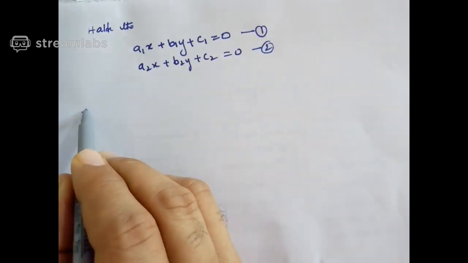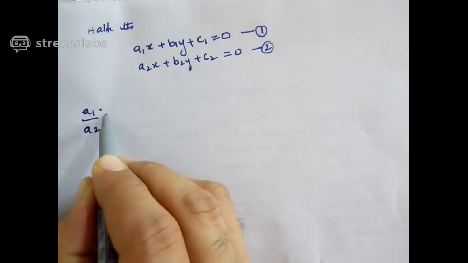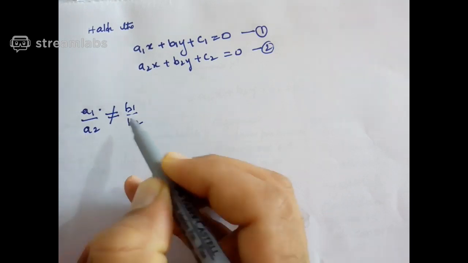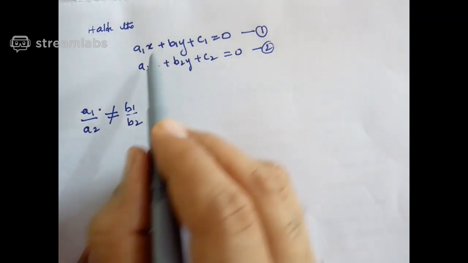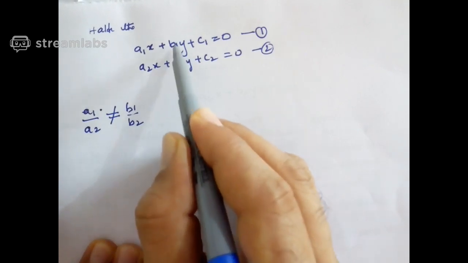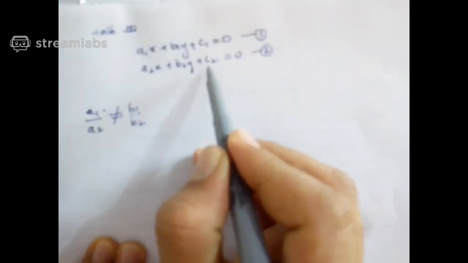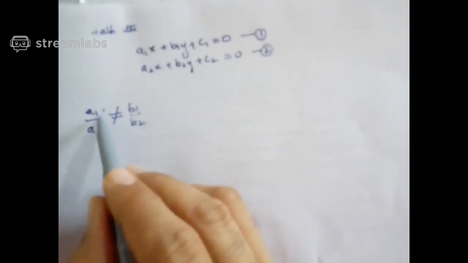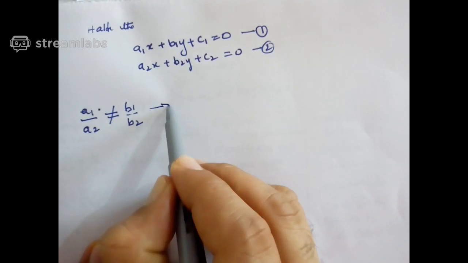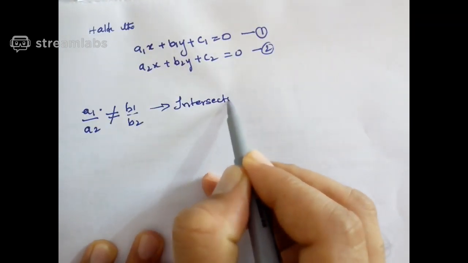What are a1, a2, b1, b2? a1, a2 are the coefficients of x, and b1, b2 are the coefficients of y. c1, c2 are the constants. If a1 by a2 is not equal to b1 by b2, then these are intersecting lines.